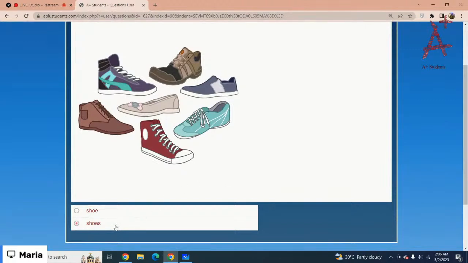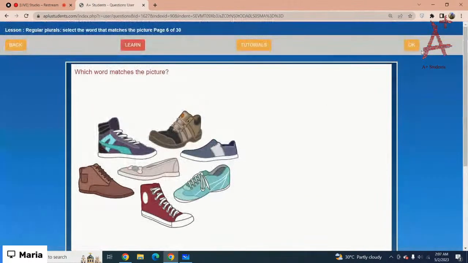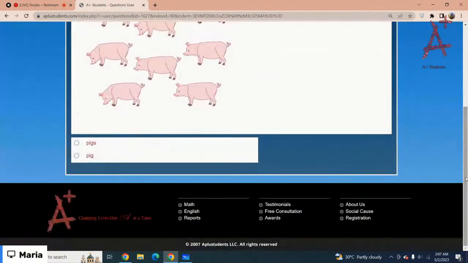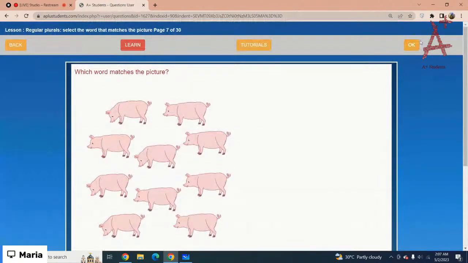There are more than one. The correct option is shoes. Which word matches the picture? Pig or pigs? Pigs, they are more than one, so you have to add s. So they are pigs.